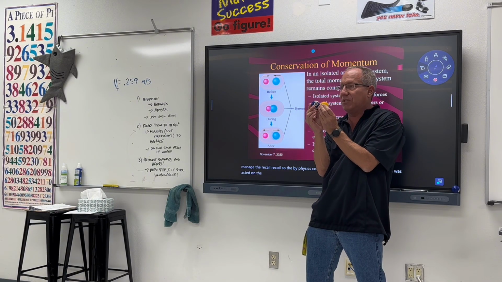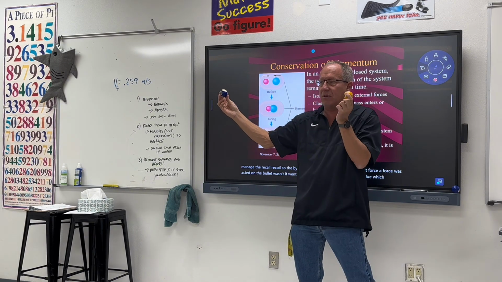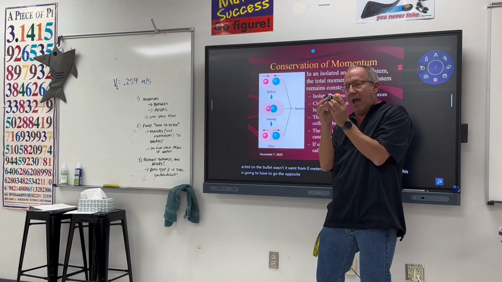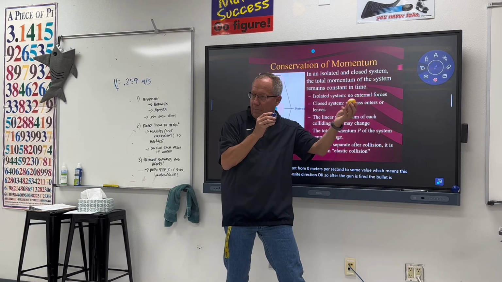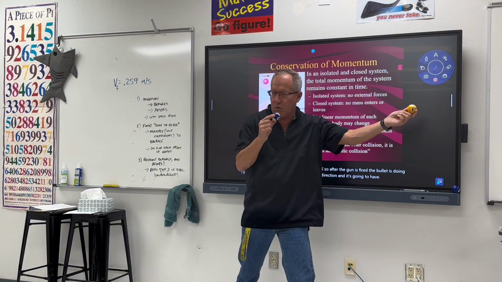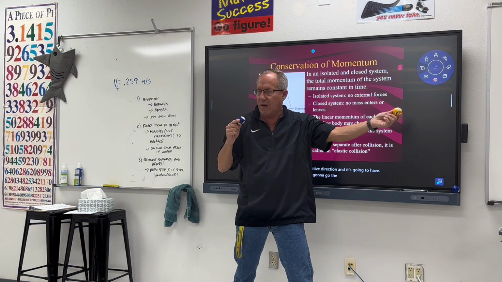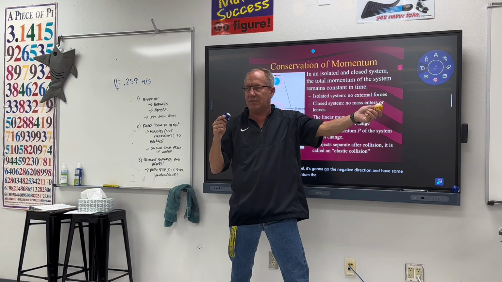It went from 0 meters per second to some value, which means the gun is going to have to go in the opposite direction. So after the gun is fired, the bullet is going in the positive direction, and it's going to have some velocity. The gun is going to recoil. It's going to go in the negative direction and have some velocity. So what is the momentum of the system afterwards?